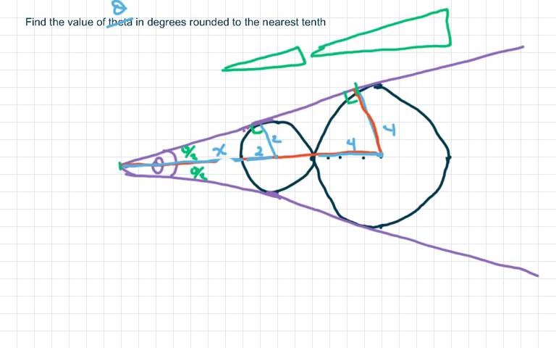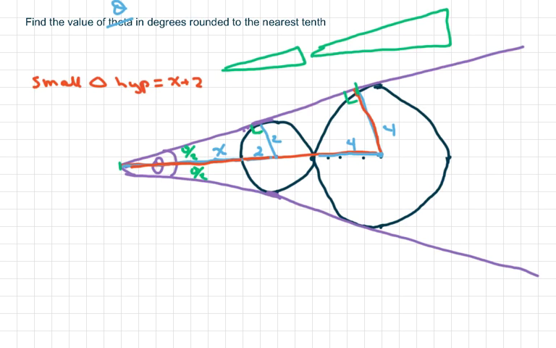The first thing I'm going to do is find the hypotenuse. The hypotenuse of the smaller triangle is going to be x plus 2. So it's this length, this hypotenuse, plus 2. So the small triangle hypotenuse equals x plus 2.